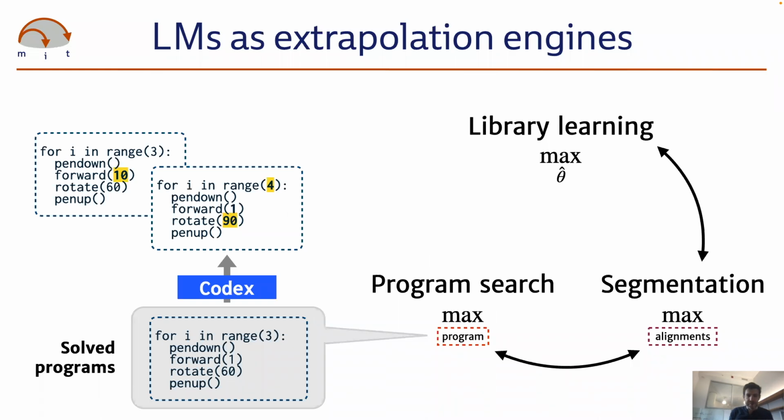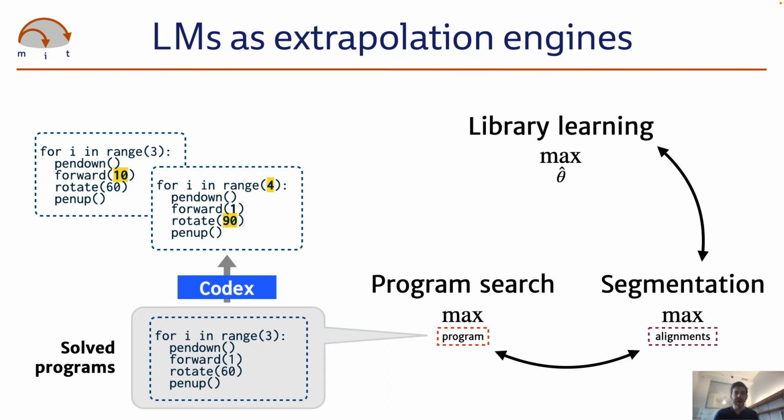So if you just go to a big code language model and say, hey, here's a program I found, give me some more programs that look like it, but are a little bit different, you get programs that look like this. You get programs that match the same template, but that draw squares rather than triangles. You get programs that go off in different directions. Notice that some of these parameters are always getting changed together, and some of them are left totally alone.